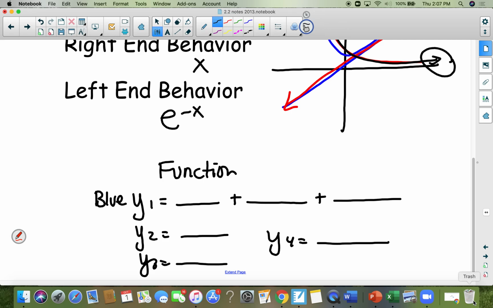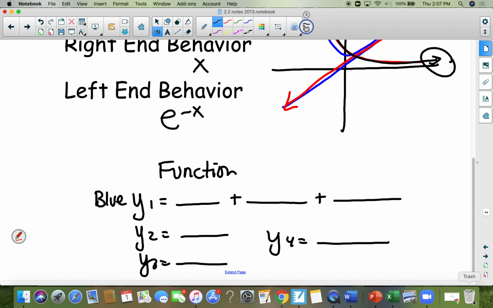Maybe the last one looks more like the right hand side of the blue one, maybe y3 is the left one, and maybe the first one doesn't look like either. So that's all you have to do. You get all that? Okay, moving on.